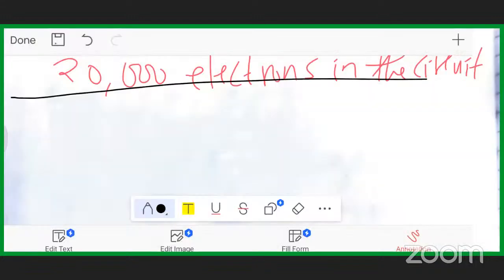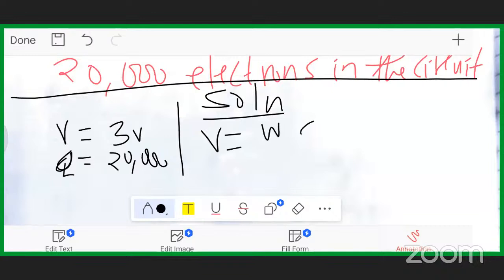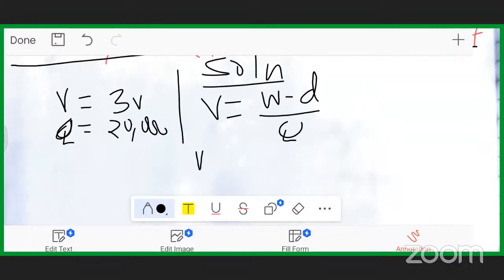Let's see what we have. In our solution, whatever we are given there, we have the potential difference, or V, given as 3 volts. And the charges involved, Q, is 20,000 electrons. So we have our definition as the potential difference V is simply the work done in moving the charges Q. So from here, you can see that the work done is given as the number of electrons involved times the voltage.